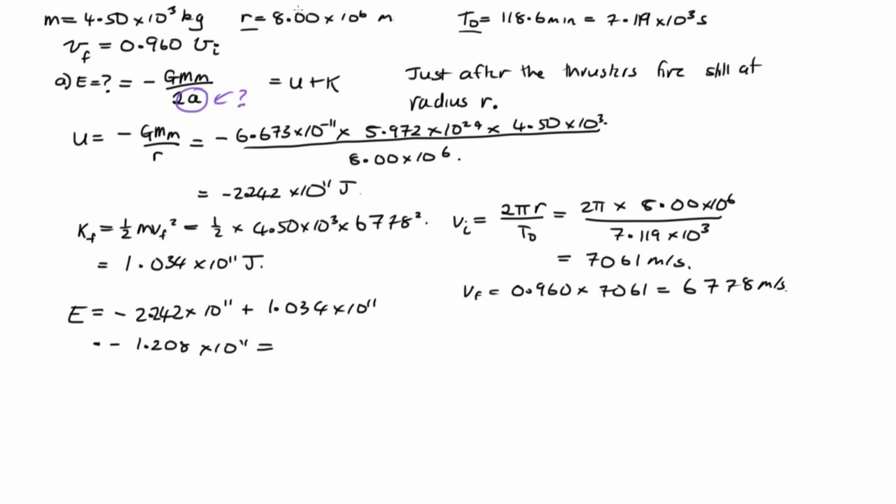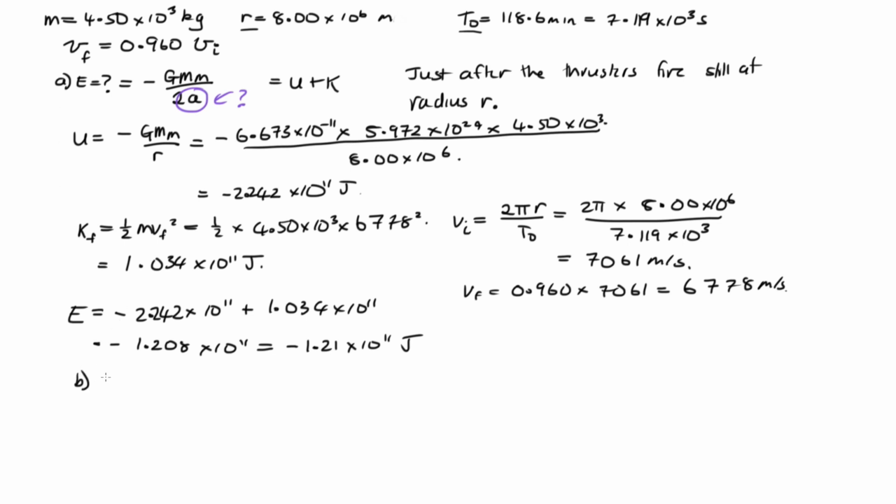And since most of the things were given to 3 significant figures, we should give our answer to 3 significant figures. So this is minus 1.21 times 10 to the 11 joules is the total mechanical energy just after the thrusters have fired.